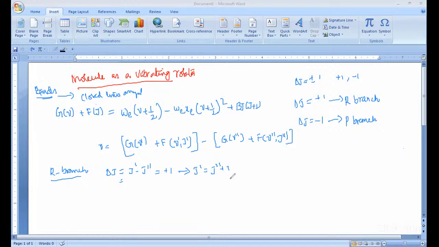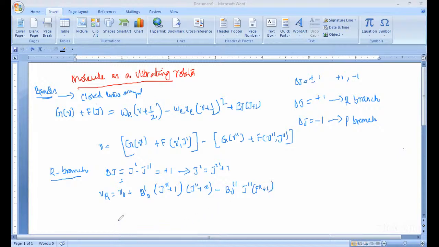So we obtain the lines of the R branch with wave number nu R. This will be equal to nu naught plus B dash (J double dash plus 1)(J double dash plus 2) minus B double dash J double dash (J double dash plus 1).